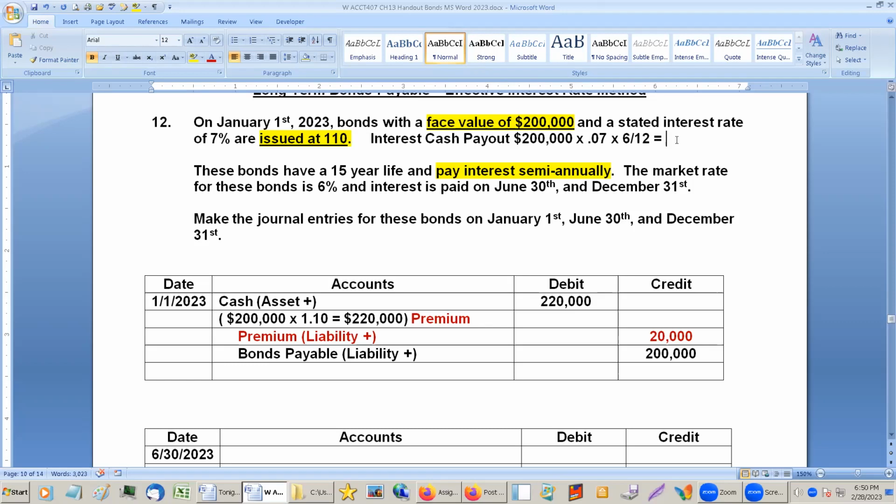All right, so 200,000 times 7%. Calculator. Oh, 7,000. Should know that.